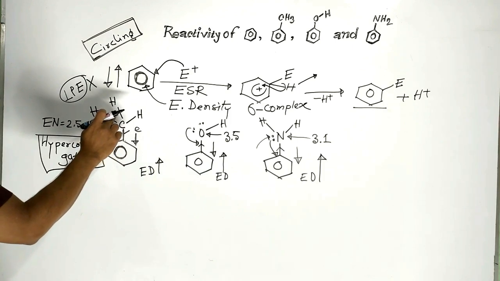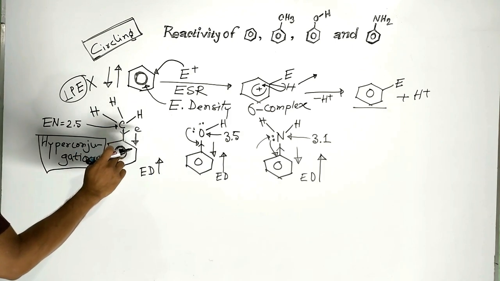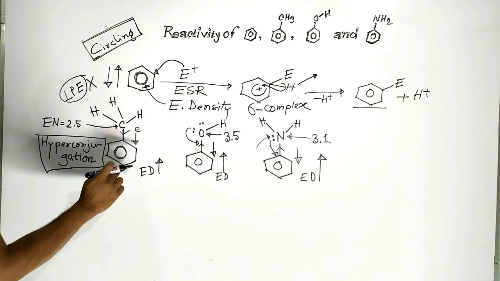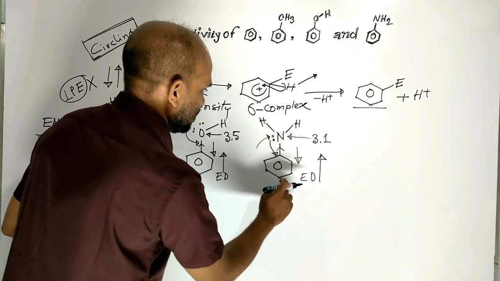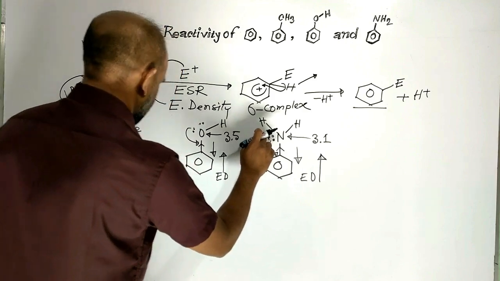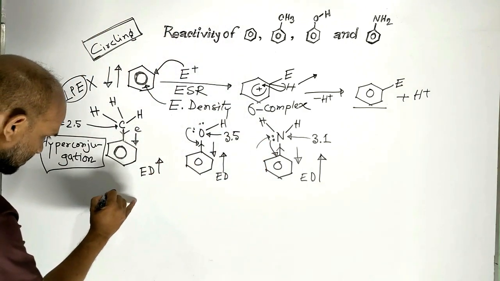But in case of toluene, methyl group increases electron density which is less than hydroxyl group and then amino group of aniline.